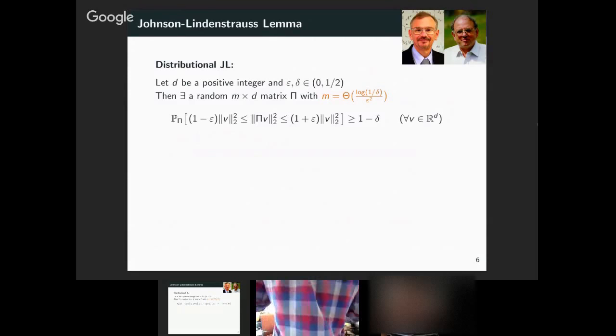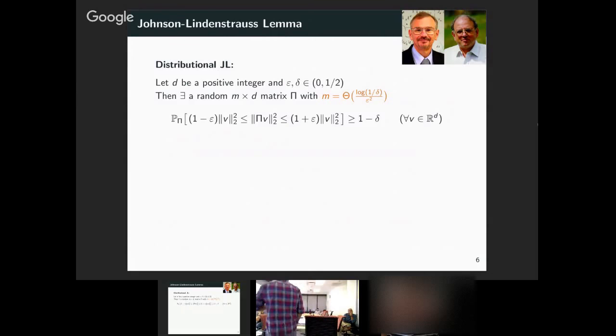It's phrased in a slightly different way to what I was saying in the beginning, but it's easy to turn this into a guarantee for multiple vectors. The point I want to emphasize here, and something that I said before, is that the projection dimension m scales with epsilon as 1 over epsilon squared. And if we have a certain confidence parameter delta we want to control, we'll be paying a log of 1 over delta in the projection dimension. Is this statement clear?